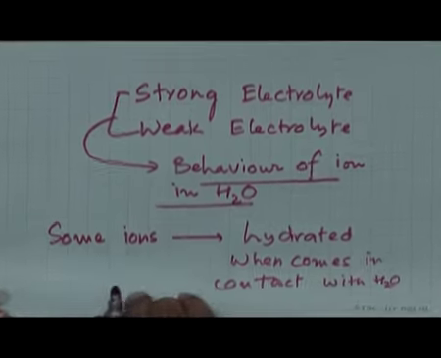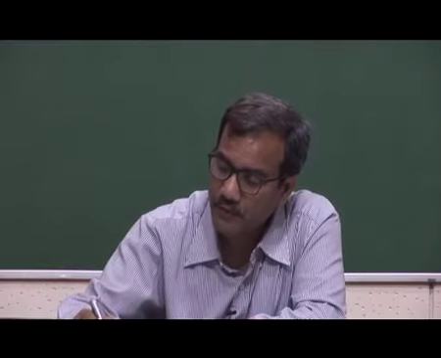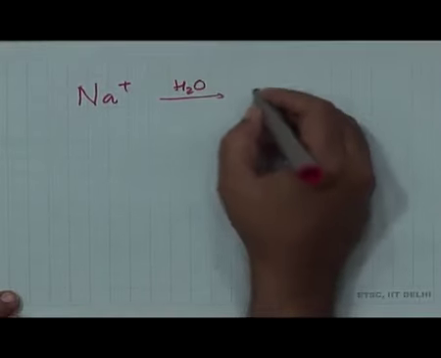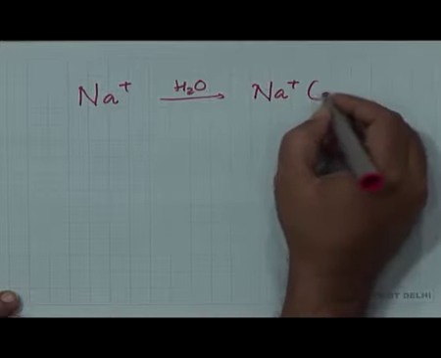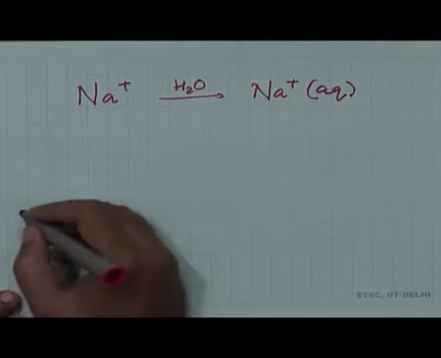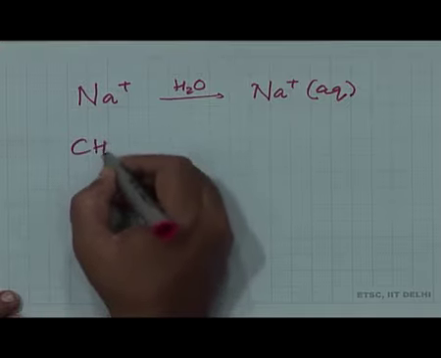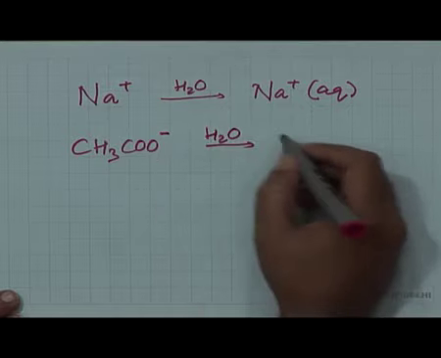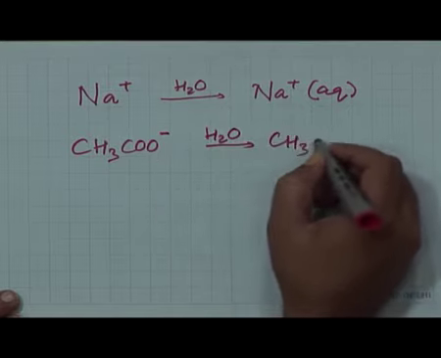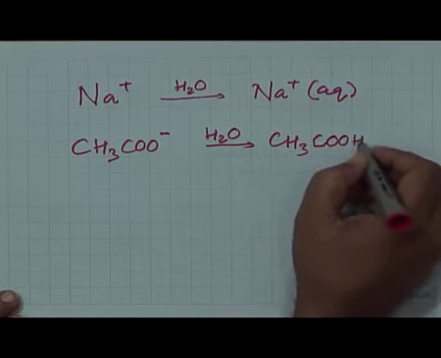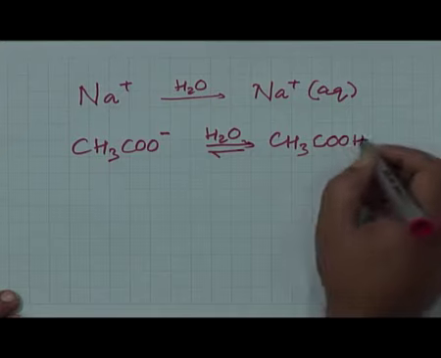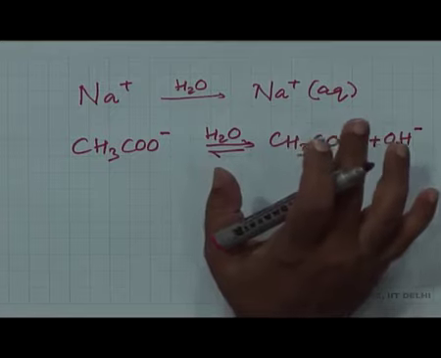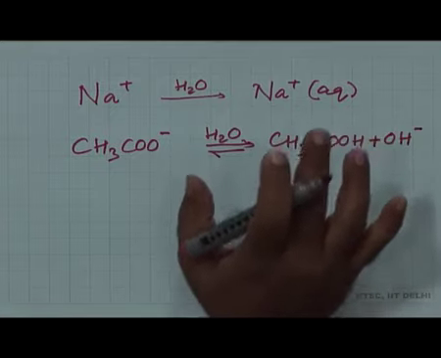For example, if you take Na plus ion and put it in water, what you will get is hydrated Na plus. Whereas, if I take CH3COO minus and put it in water, what you are going to get is CH3COOH plus OH minus. So, there are two different behaviors for two different ions.